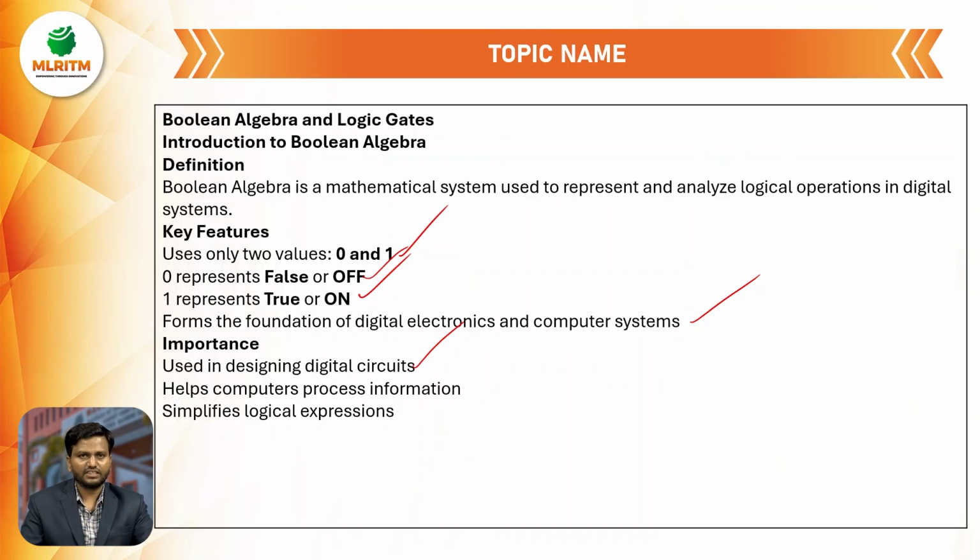These digital circuits pass data from one place in memory to another, processing the data from source to destination in each fraction of a second. It helps the computer process information and simplifies logical expressions. Through these logic gates and digital circuits, the logical expressions will be simplified.